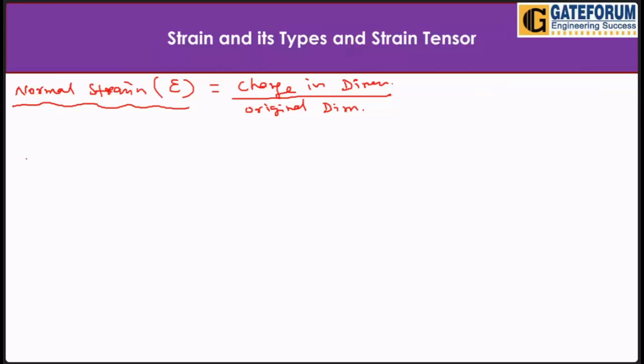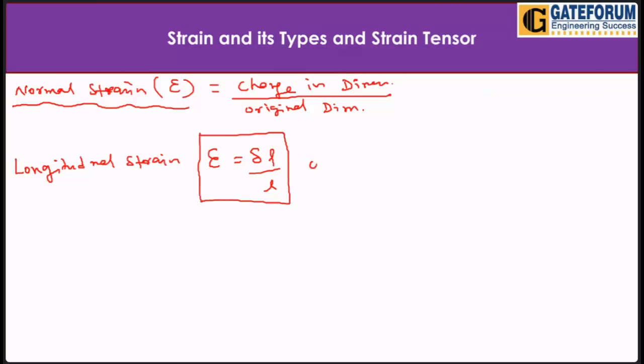Suppose we are saying longitudinal strain. If you are going for that, it is change in length to original length. Mostly we are using this as a strain, change in length to original length, and it is unitless, no unit.